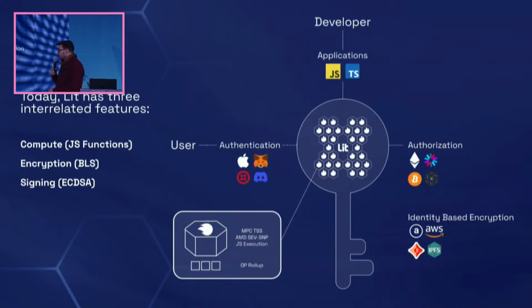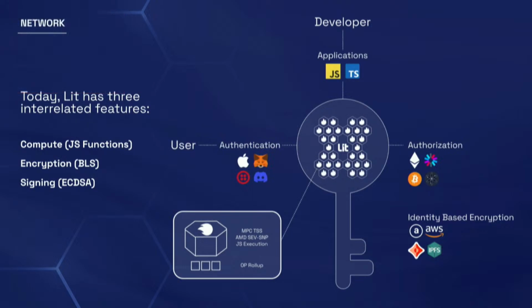And so how it works specifically is Lit is a key, and each of these nodes, as I mentioned, has these two security components, dividing up the key and running it in the TEE, and then developers can articulate programs in JavaScript that dictate how this decentralized virtual key will sign and encrypt anything. And as you can see, there's a bunch of standard Web2-style authentication methods that are hooked up to this.